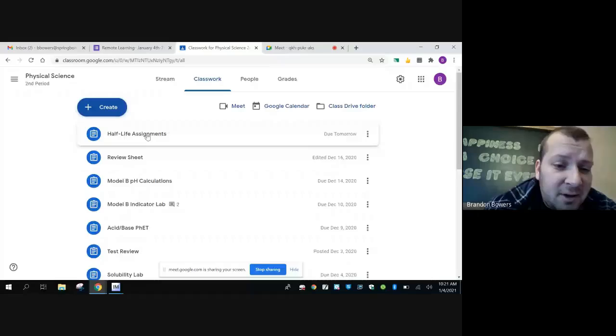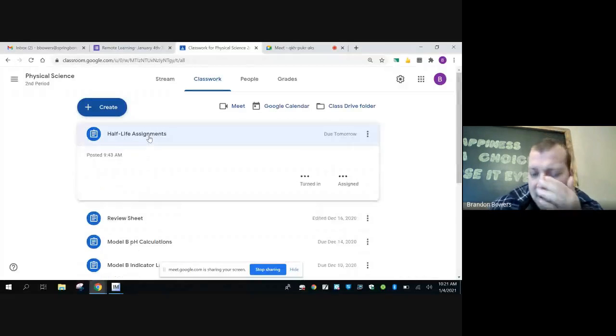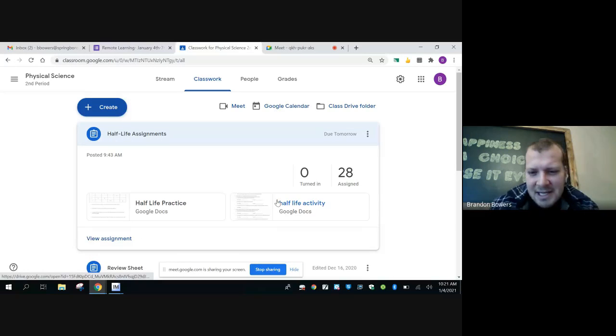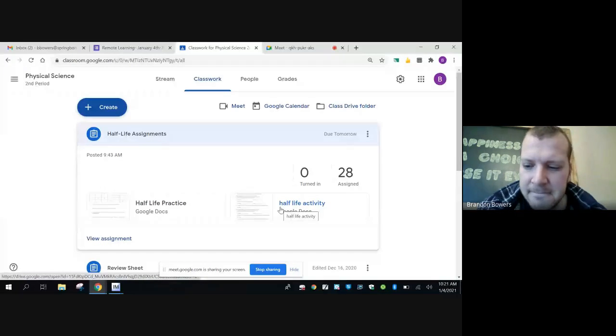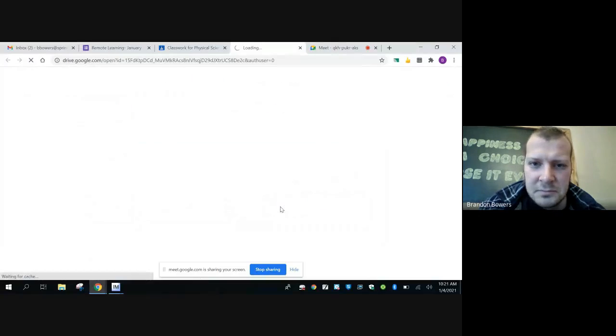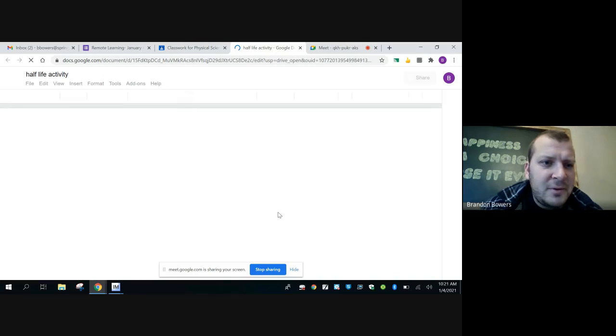Hopefully you can see my screen. It's called Half-Life Assignments, and there's two things. There's a practice and an activity. What I want us to do first is the activity. If you click on the activity, it'll take you to this.